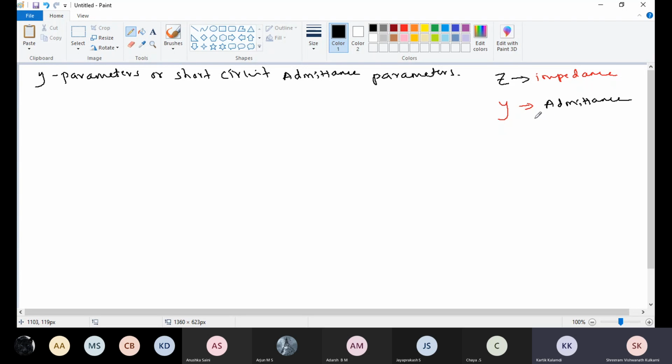Okay, there we have written the equation in terms of voltage. If you have written that one, you just go through that, where we have written the Z parameters equation in terms of voltage.